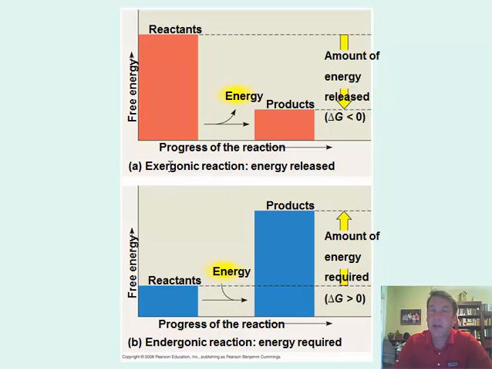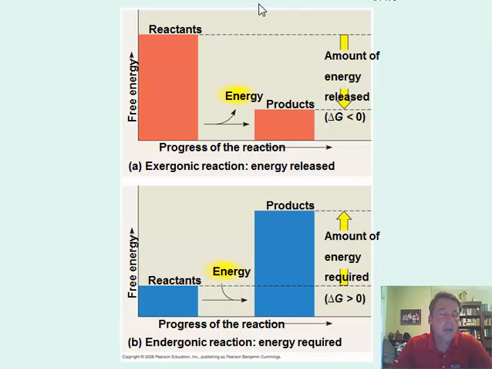You could think about that as energy exiting the reactions. Endergonic, you can think about this as energy entering. You have a small amount of reactants and energy comes in and produces a large amount of products, and the amount of energy required is high in this. These are called exergonic or endergonic reactions.